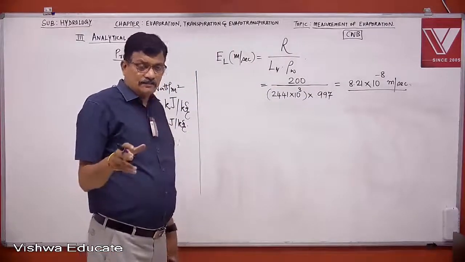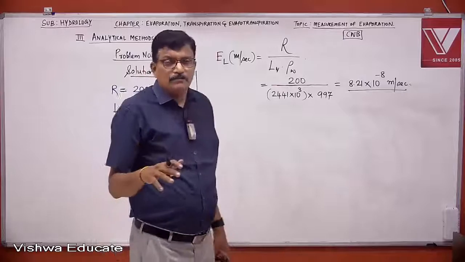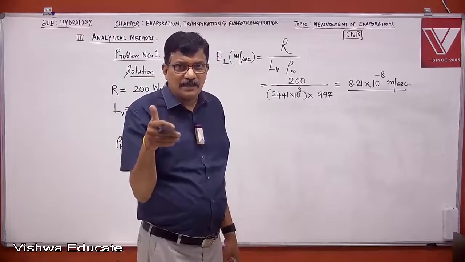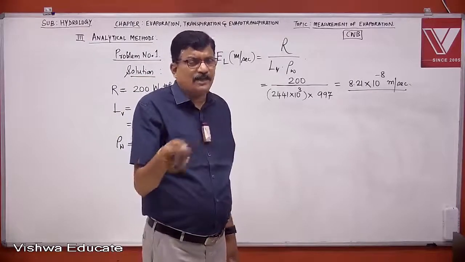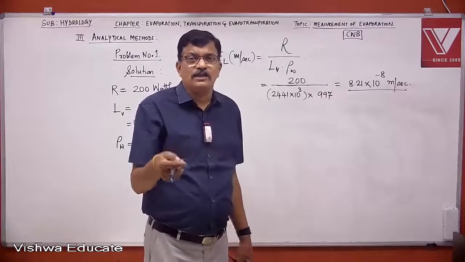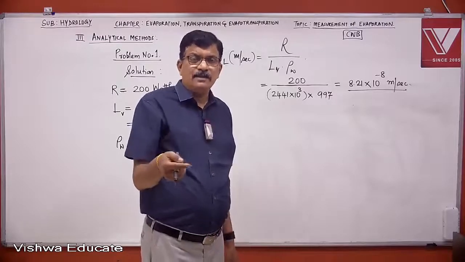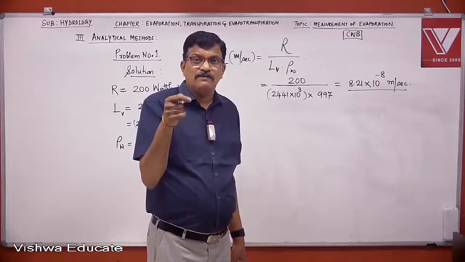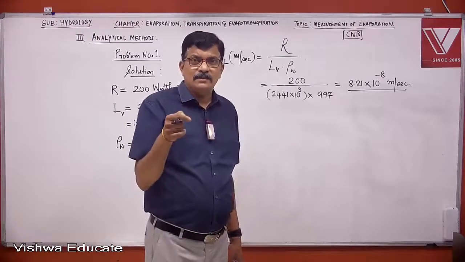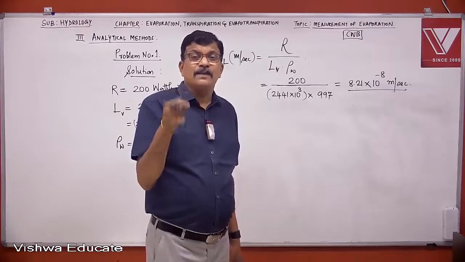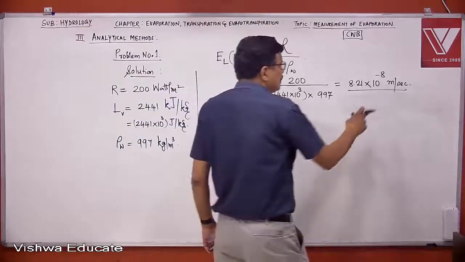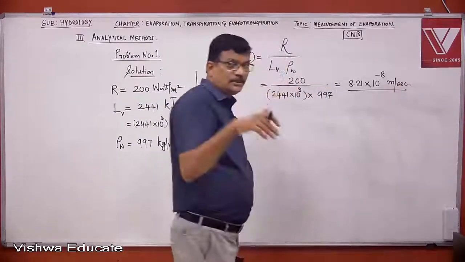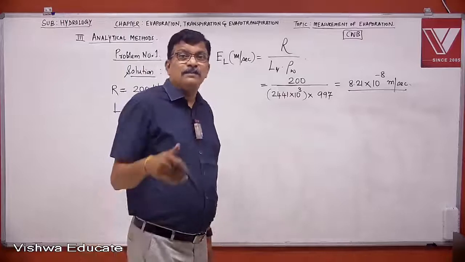But as I have mentioned earlier, before we really report the answer, we look back at the question very quickly and find out what is really required. The examiner wants us to report the evaporation rate in millimeters per day. So we have to convert this meters per second into millimeters per day.